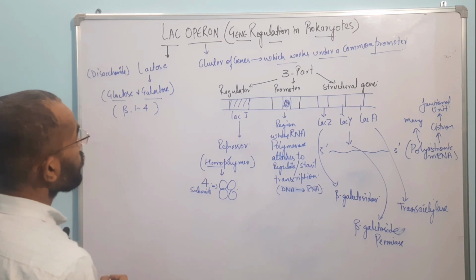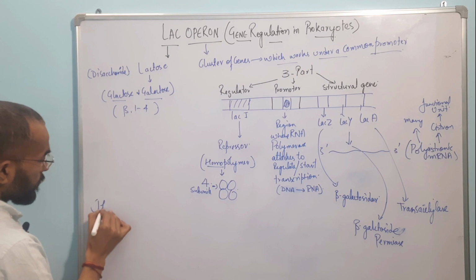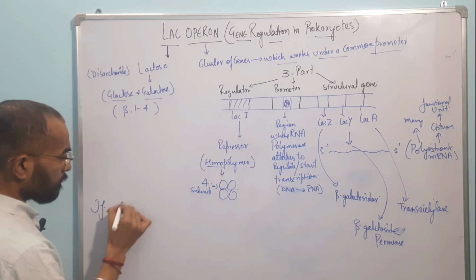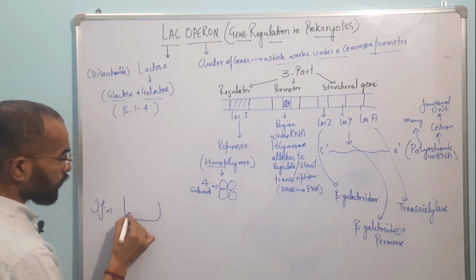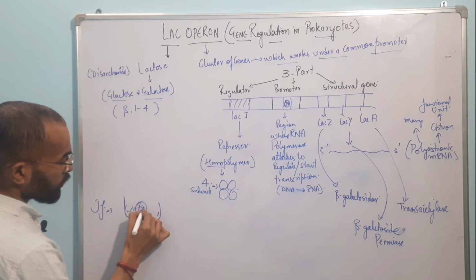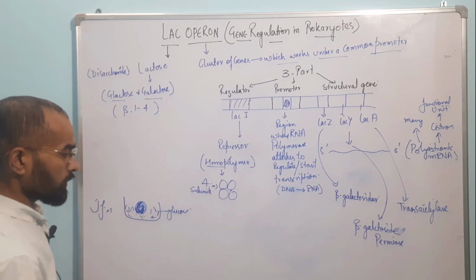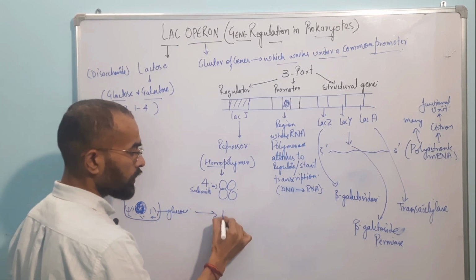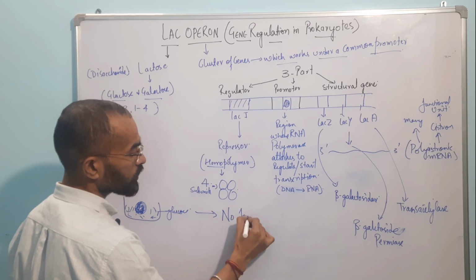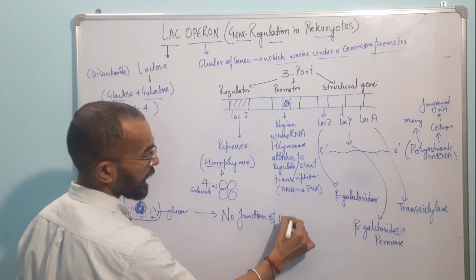Now what we say, if a prokaryotic cell is grown in a medium of glucose, then what happens? No function of the lac operon.